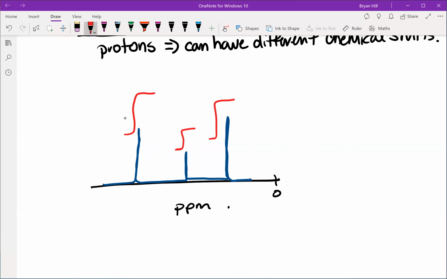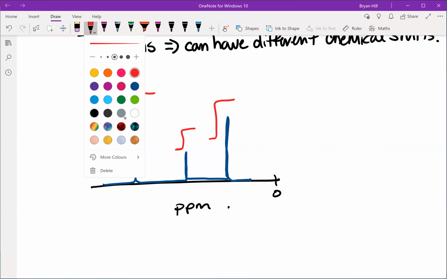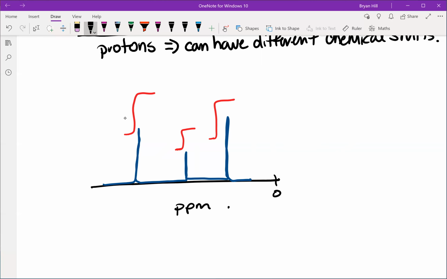The size of the integral is going to tell us the number of protons. So let's say our formula had 5 protons. How many does each one of these integrals represent, A, B, and C?